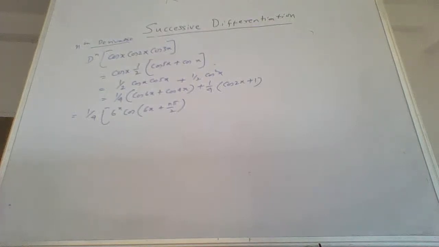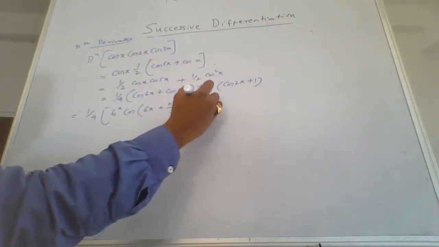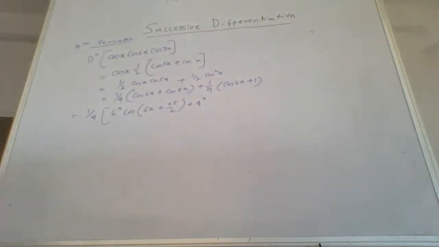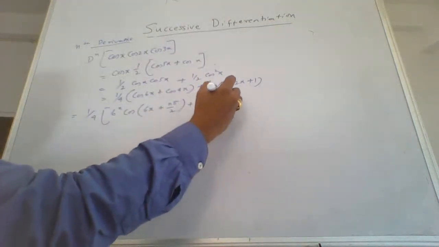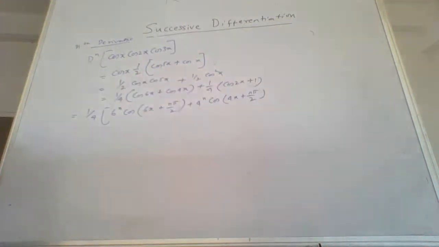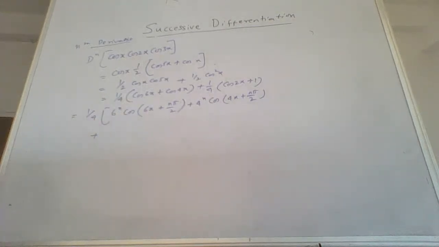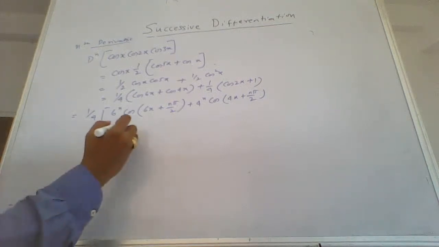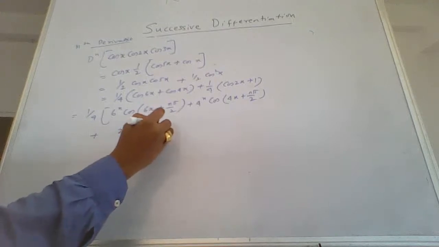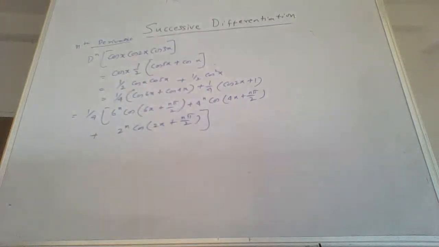And for this I'll have 4 to the power of n cos of 4x plus n pi by 2. Plus, since 1 by 4 is common for all, I'll have 2 to the power of n cos 2x plus n pi by 2. So that is the solution for the nth derivative of this.